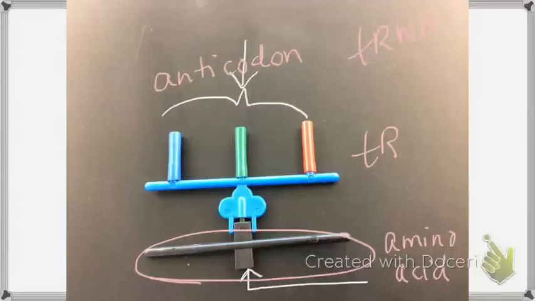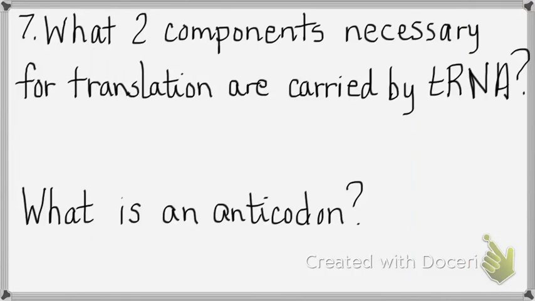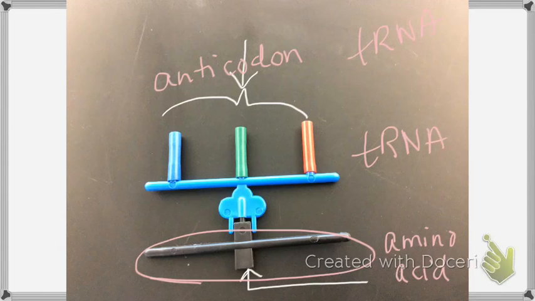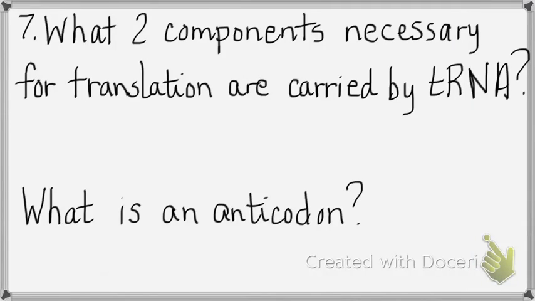I'm going to write it again because it didn't show up very well up there. This whole picture is tRNA. At the top you have the bases of the anticodon. At the bottom you have the amino acid. And the reason I put this picture on here is because I think it goes with number 7. This picture goes with question number 7. What components are necessary for translation, and they're carried by the tRNA molecule?